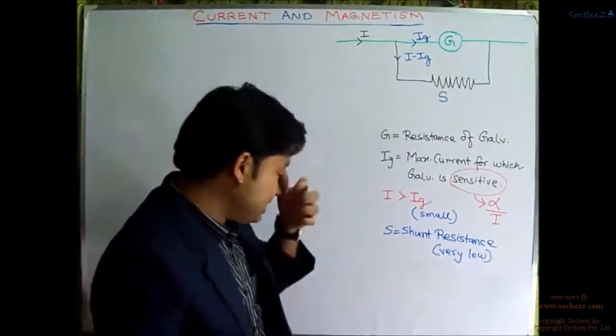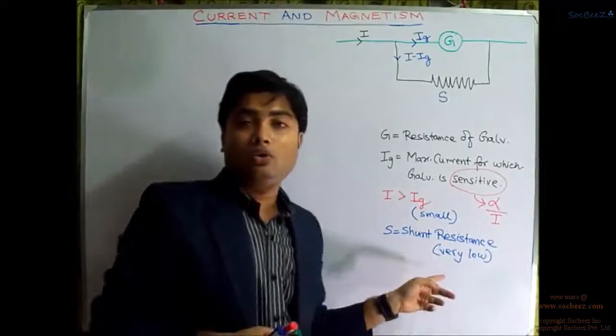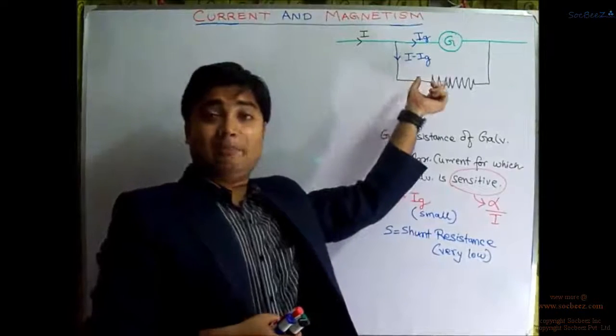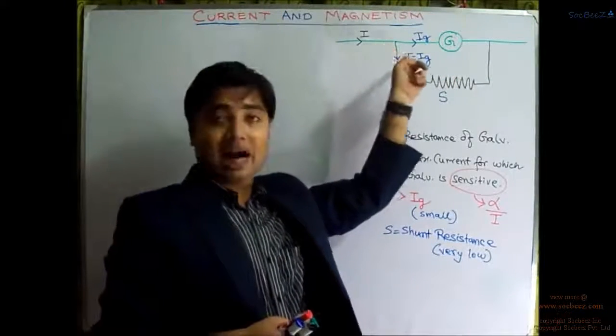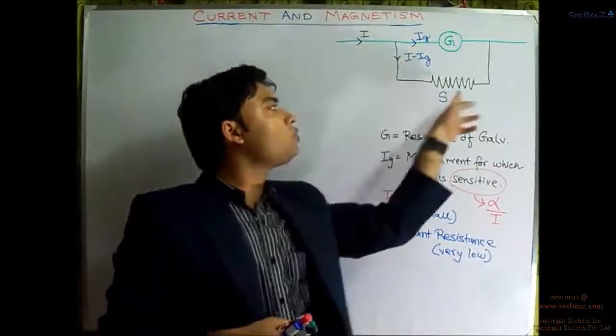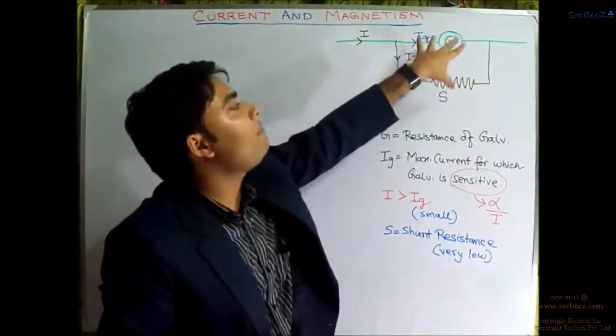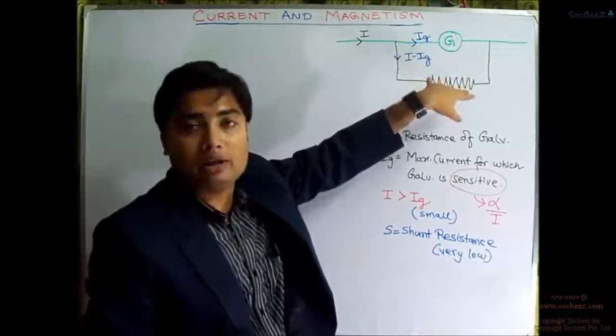Now, if this is very low, then I minus Ig, which is the bigger part of this I, will flow through it, right? So we have made a parallel arrangement.